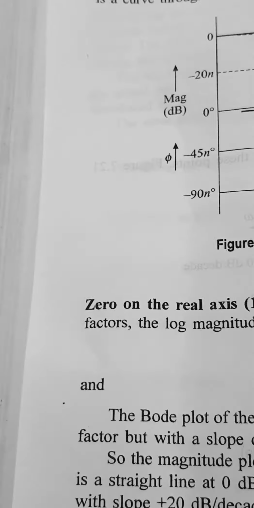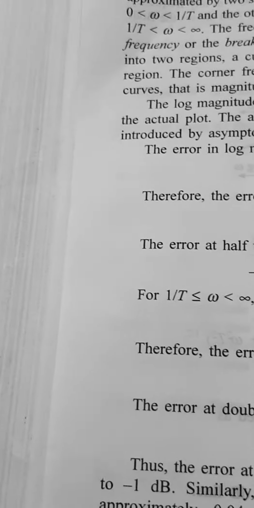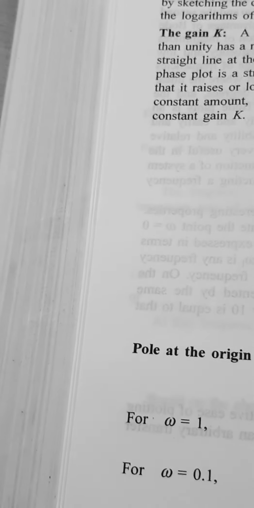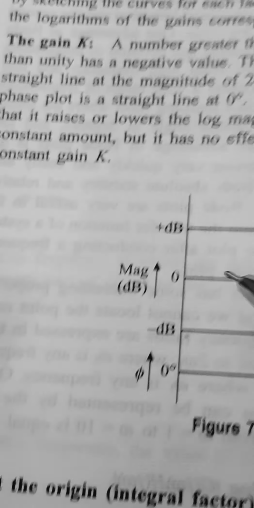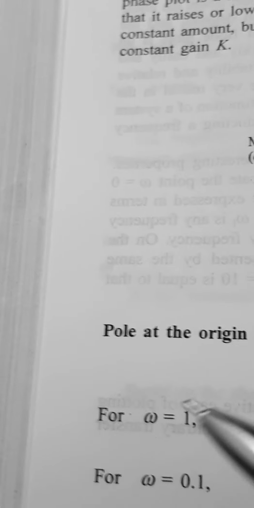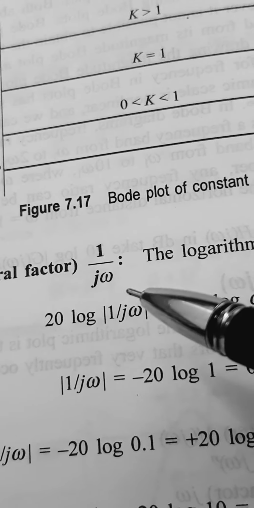The angle for K is 0. Now for 1 by j omega, the angle is minus 90.